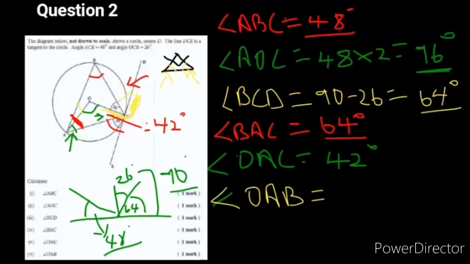Our total angle here is 64 degrees, and our angle here is 42 degrees. So 64 minus 42 would give us our answer, which is 22 degrees. And that is how we solve our question.